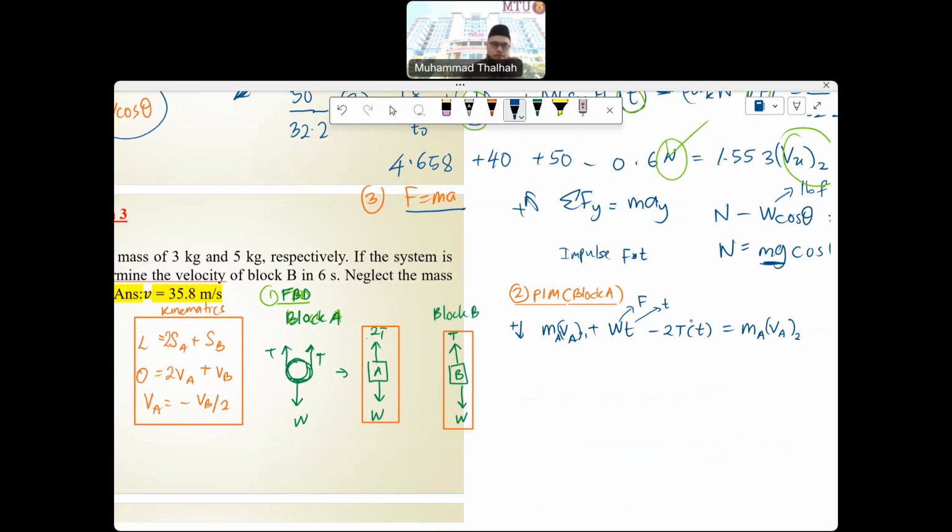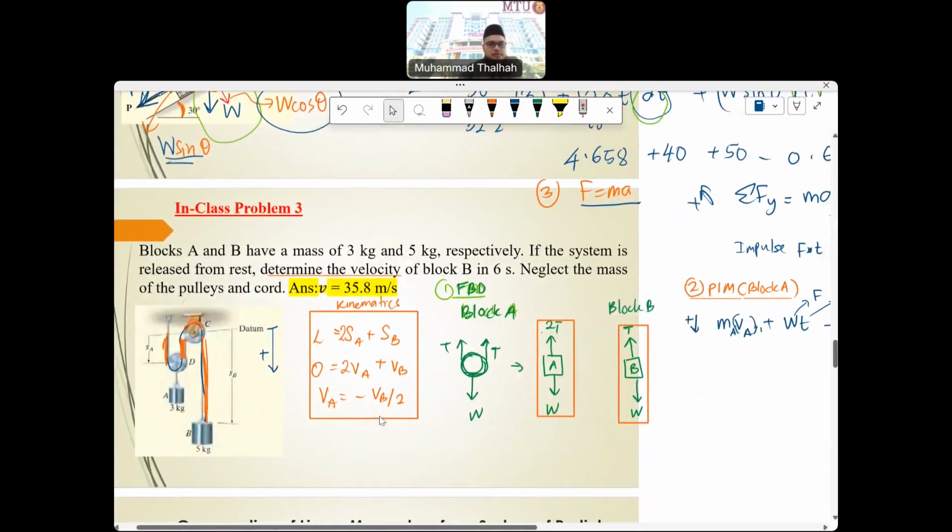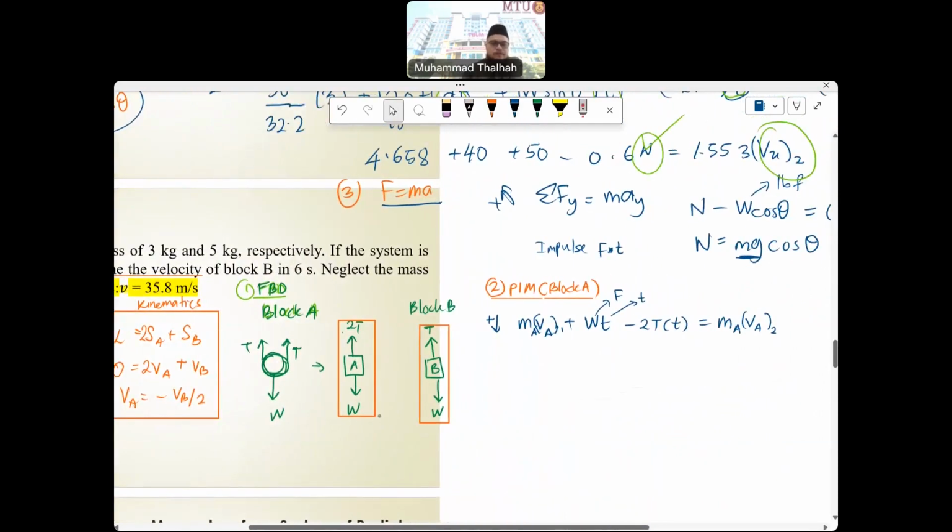So can we figure this one out? The system starts at rest. Does it? Yep, it was released from rest, so this one becomes 0. The weight of block A, W sub A, is mg.